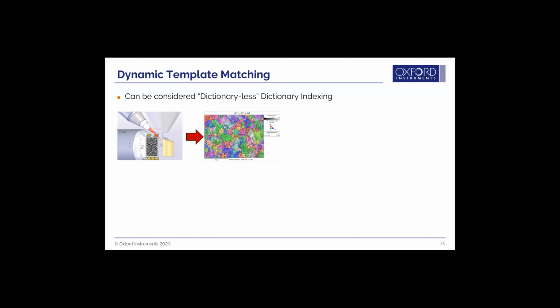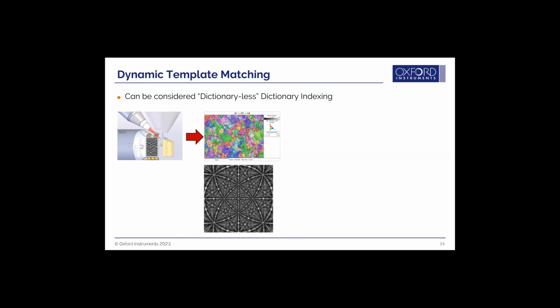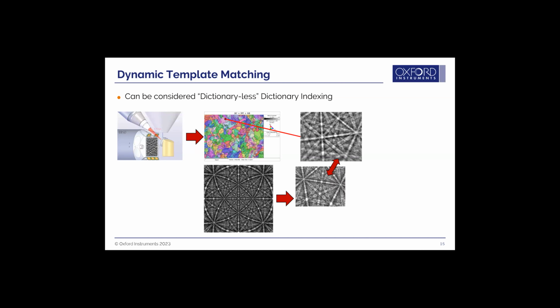This is an example of a really good map where maybe you don't actually need the dynamic template matching, but you have your simulation master there. That's presented in 2D, but think of it as a 3D simulation. We're going to look at a pattern that we've collected. When we're doing DTM, it's probably going to be a poor pattern to begin with, but we're creating segments from the original pattern simulation and seeing does this match better.